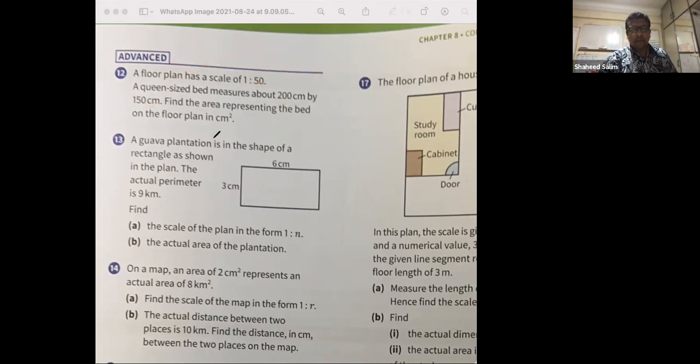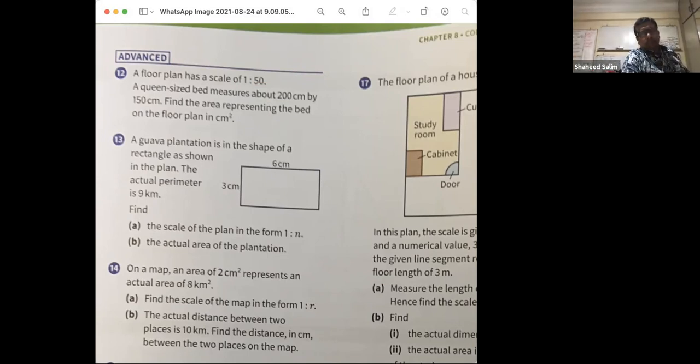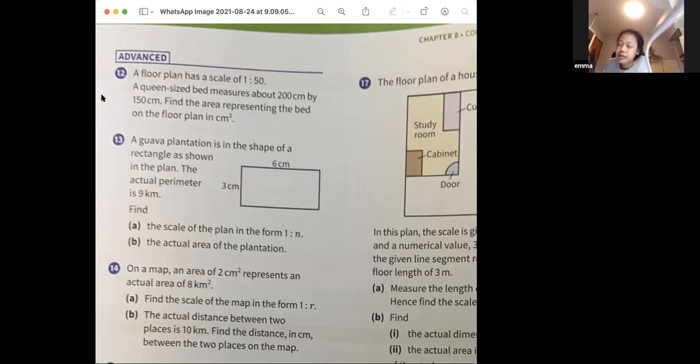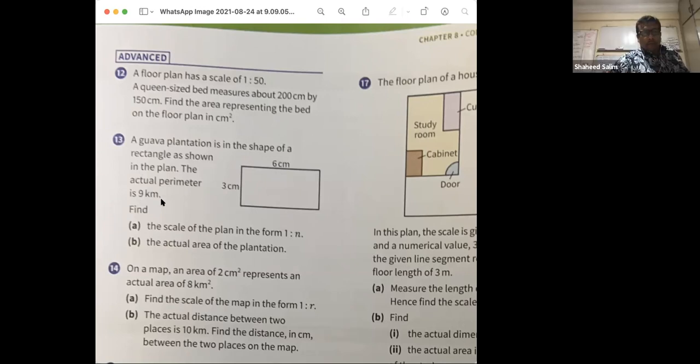The guava plantation. 9 km is 900,000 cm, that's true.